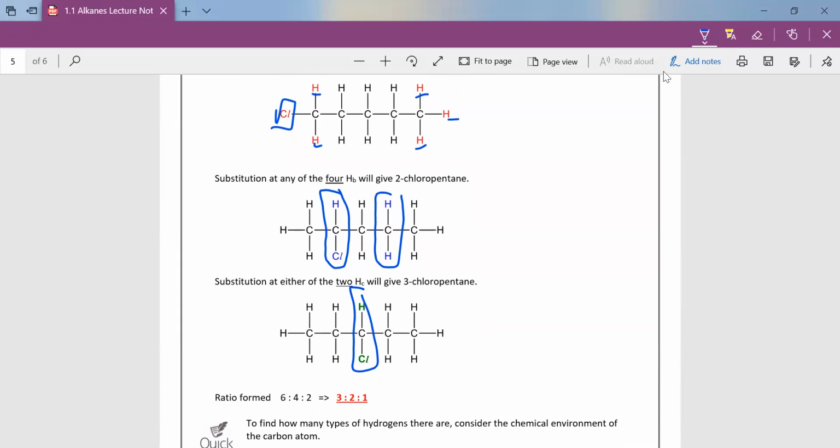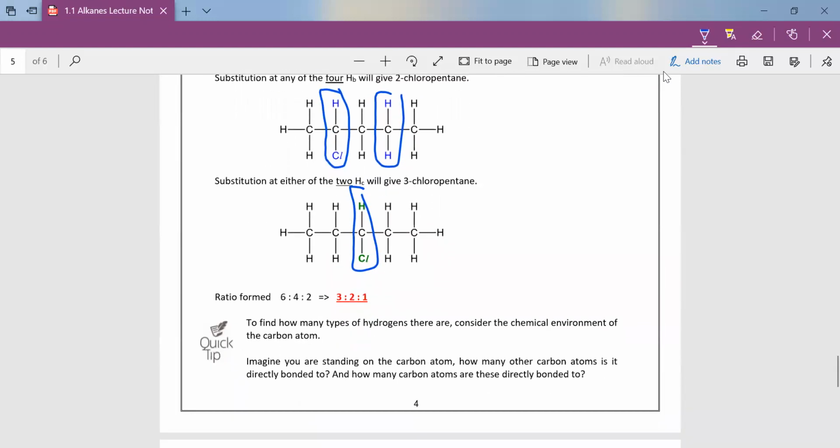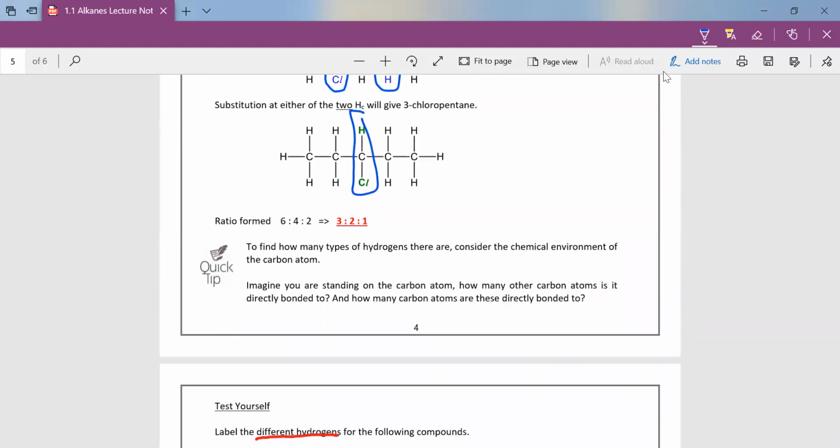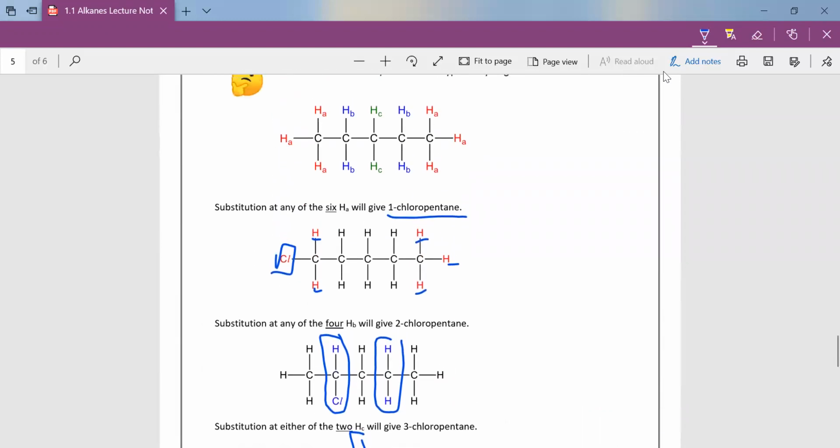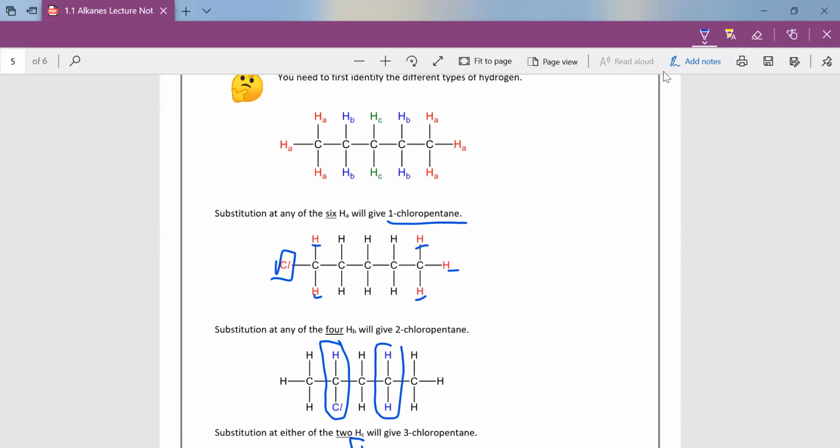And the ratio that is formed is according to probability. All right, so this quick tip is basically just for you to think about, in case you're not able to differentiate between HA, HB, and HC.